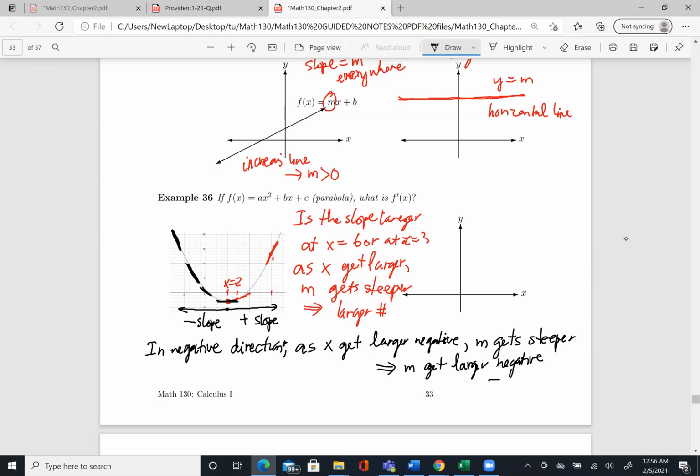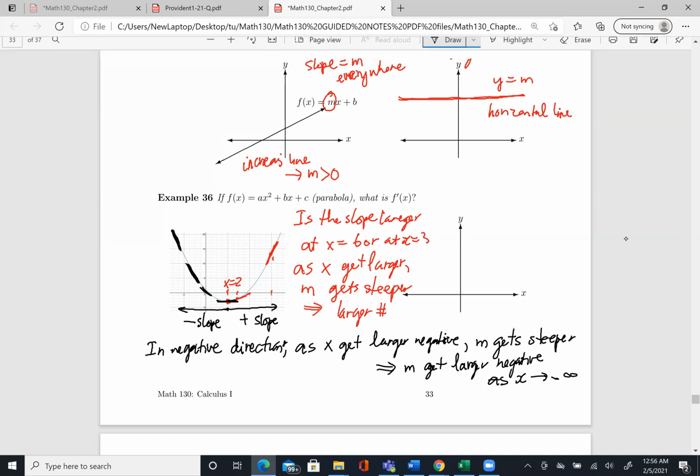Or it's going to be like, as x goes to negative infinity, m goes to negative infinity. Okay.